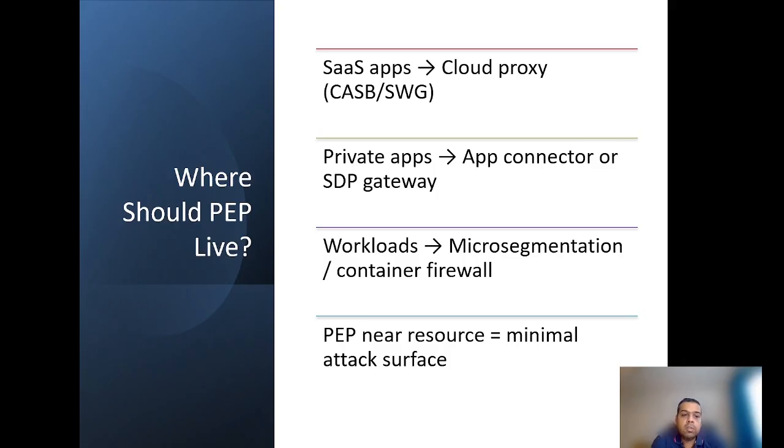For workloads, it could be a microsegmentation solution, something like Guardicore or Illumio, where you can have the PEP close to the container or to the virtual machine. The closer your enforcement point is to the resource, the smaller will be the attack surface and stronger will be your control. So PEP should always be very, very close to the resource.